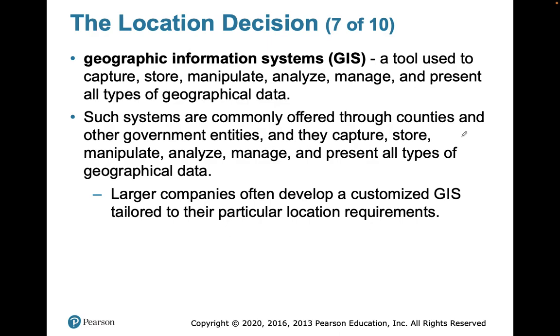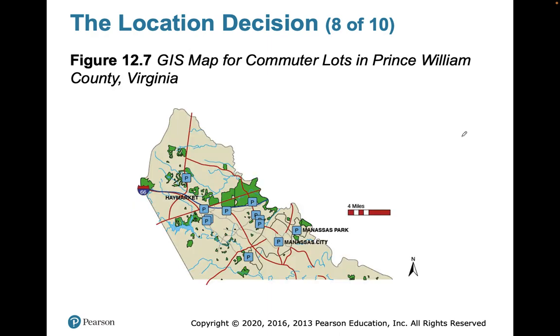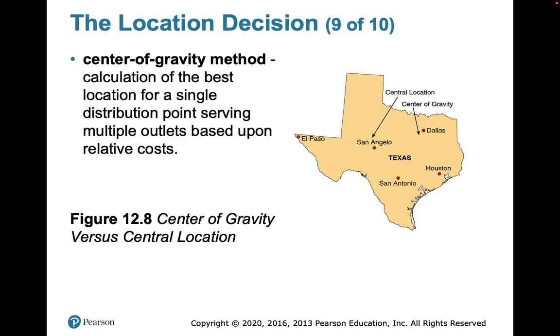This type of system is usually offered through countries and other government entities. Large companies that are very rich and have good resources could develop a customized GIS tailored to their particular location requirements. So this is an example, and we move on.